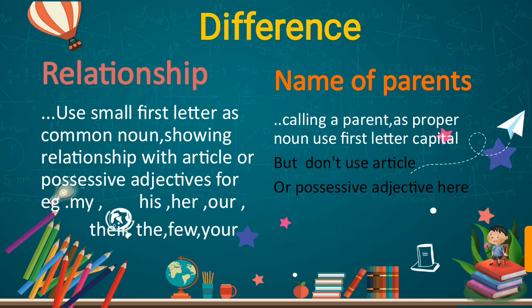But if there is some article or a possessive pronoun like his, my, our, their, then that noun is not used as a proper noun, rather it is used only to clarify a relation as a mother or father. So I hope that the difference is quite clear among you.